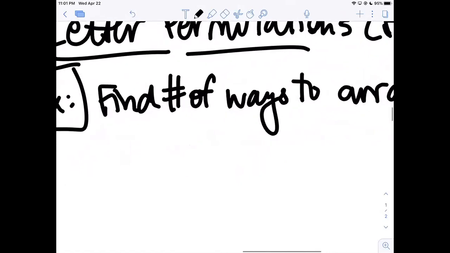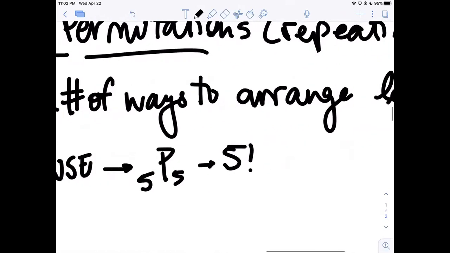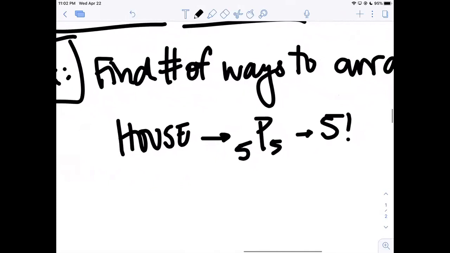We'll say the first one is house. So we're going to find all the ways to arrange those letters. This is just an nPr. How many total letters do we have? 1, 2, 3, 4, 5. This would be 5P5. We're choosing all 5 of them, which would end up being 5 factorial, which we know what that is.